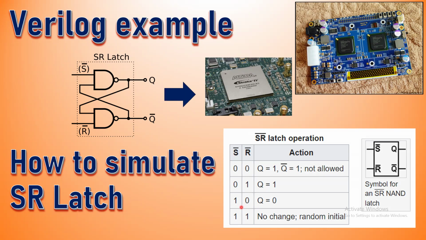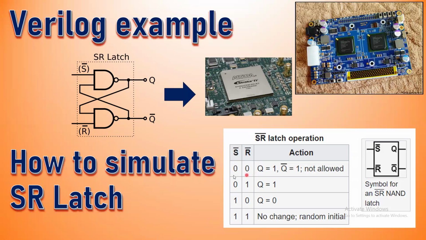Here for S and R, you have 0,0, 0,1, 1,0, and 1,1. There are four possible input combinations. You see they are inverted inputs already. Here is a logic symbol. We'll explain that in a moment.